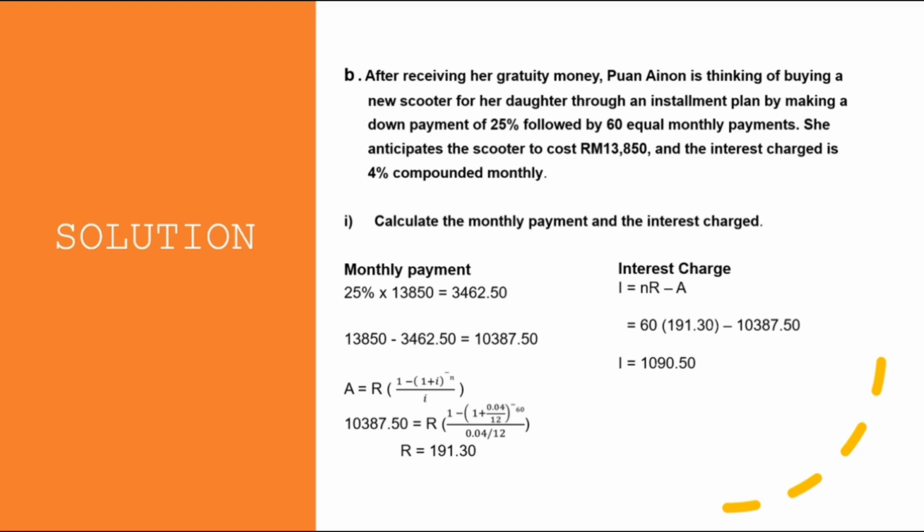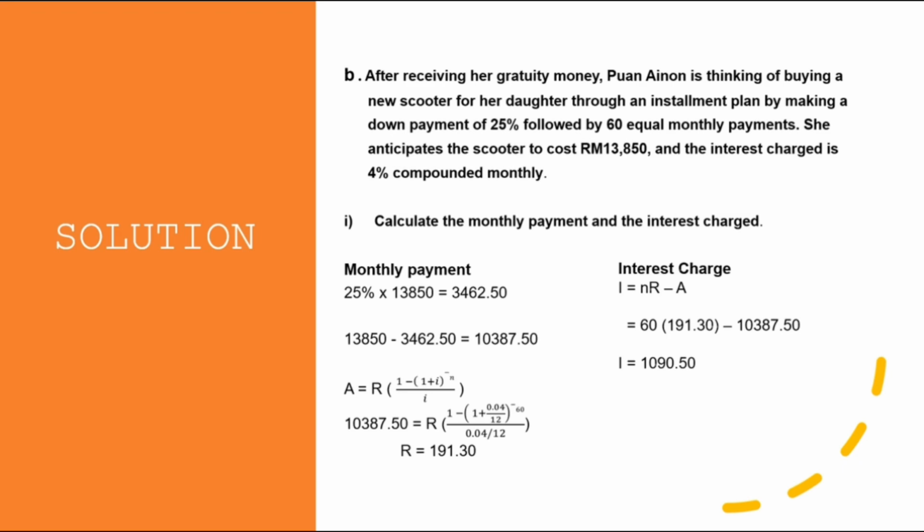For the monthly payment, like we can see right here, she already paid 25% of 13,850, which equals 3,462.50. If this number is subtracted from 13,850, the loan she makes is only 10,387.50.